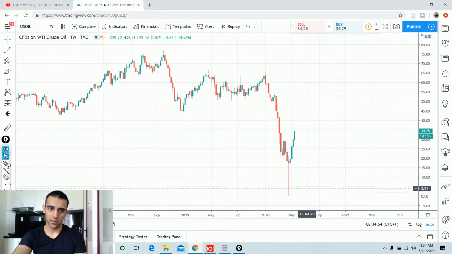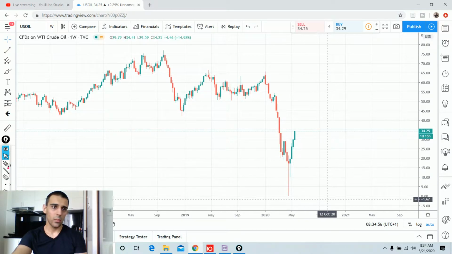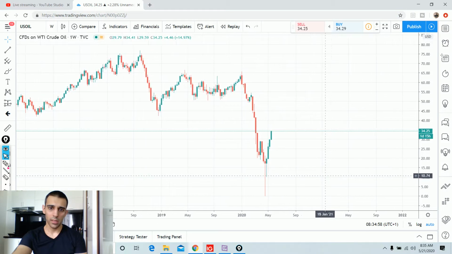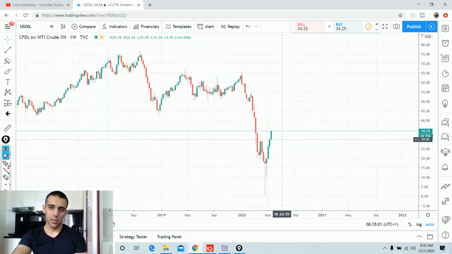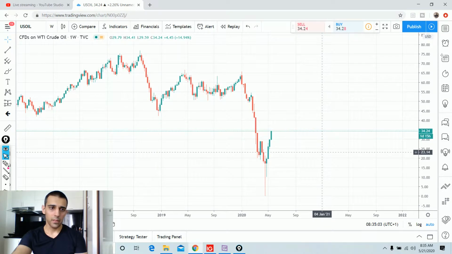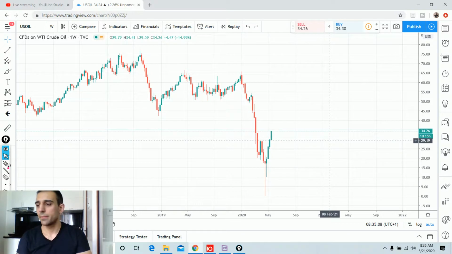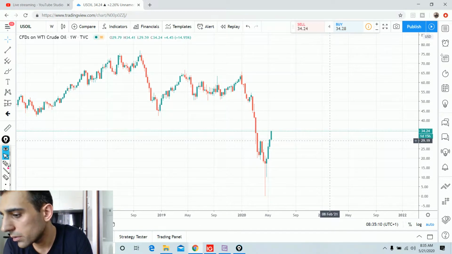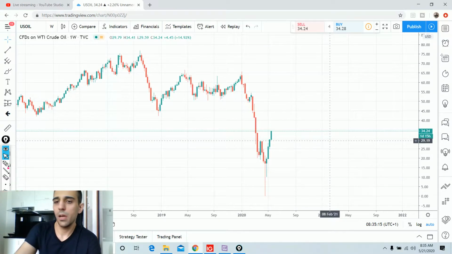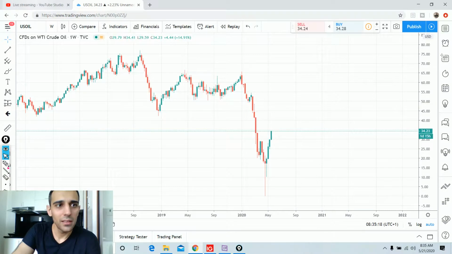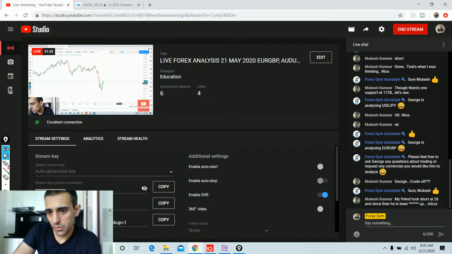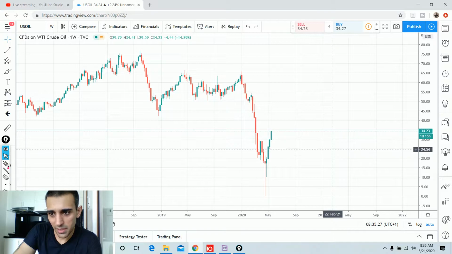The oil just collapsed, went into the negative as well, and now it looks like it's recovering back to 35 USD, from around 26.